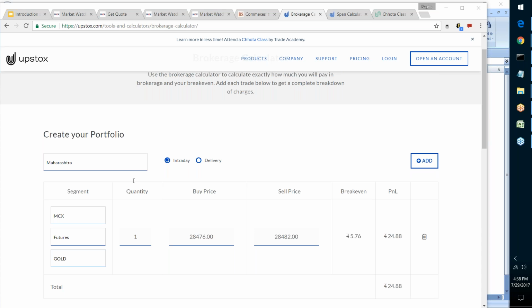So it's going to be your lot size, Karthi. When you trade in lots, it's going to be based on the lot size. So for big gold, it's going to be in kilograms, and for gold mini, it's going to be per 100 grams.